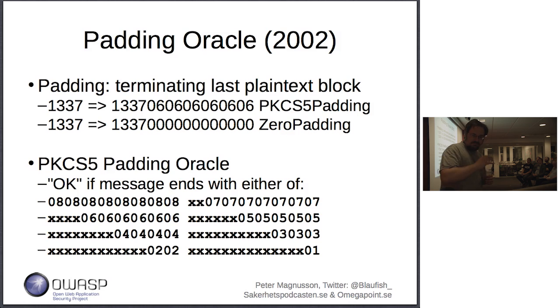The idea with padding oracle attacks is that when we're sending a message through a channel, the channel doesn't know when we have reached the end of a message. In order to know when we are at the end of a message, we implement padding. The padding is basically a way to tell the system this is where the message ends.